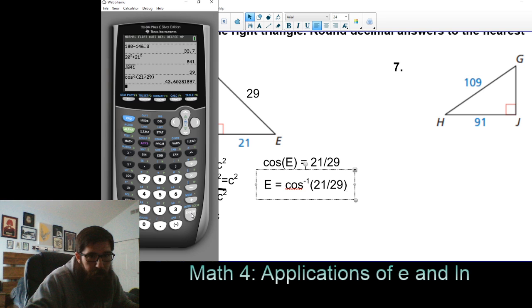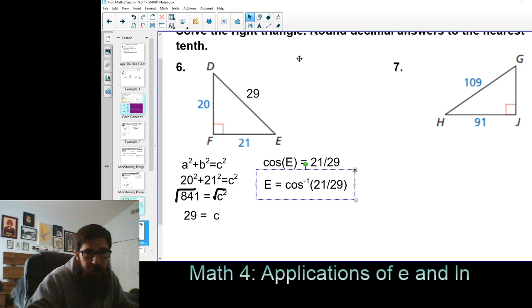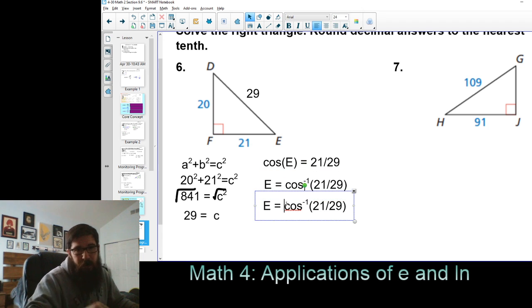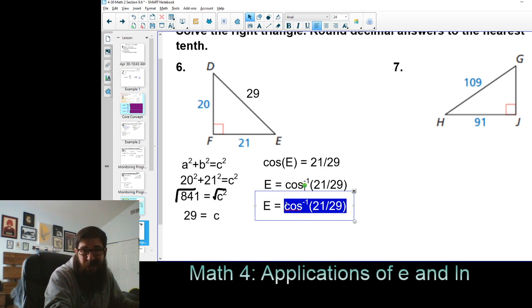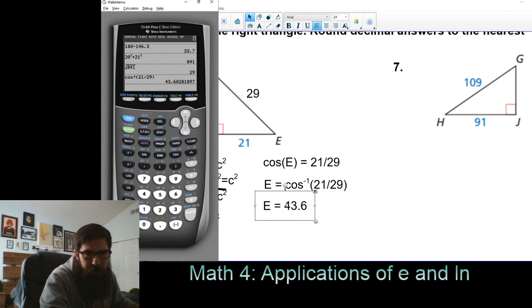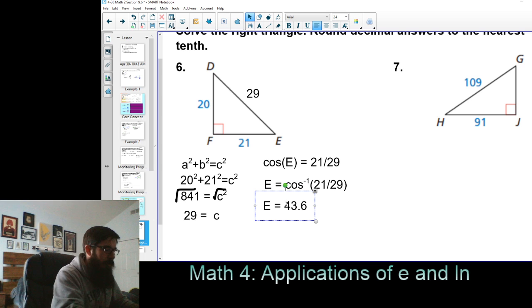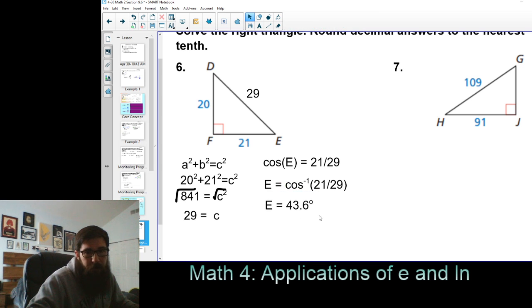If we go to the nearest tenth, that's going to be 43.6 degrees. Which makes sense that 20 and 21 are pretty close. If they were exactly the same, we'd expect 45. So what do we say? 43.6 degrees. So now I know.